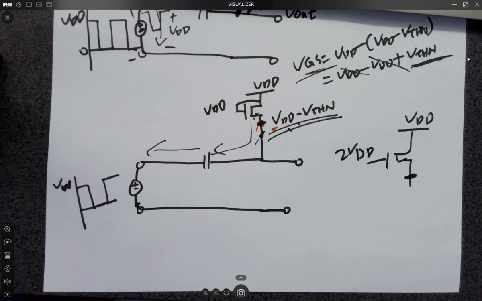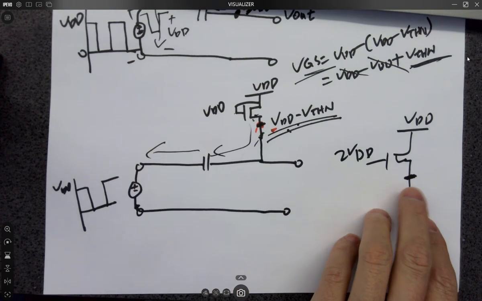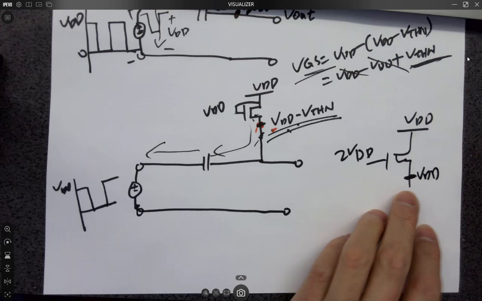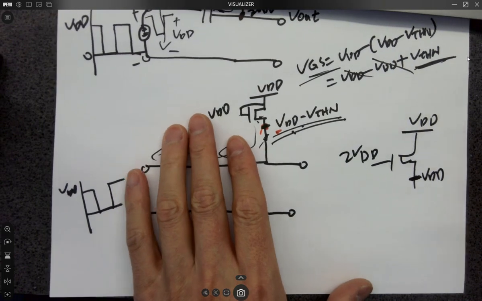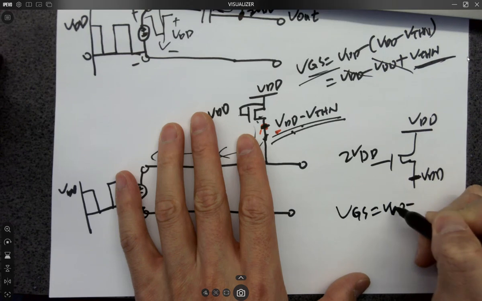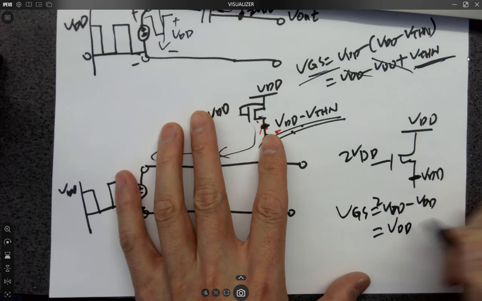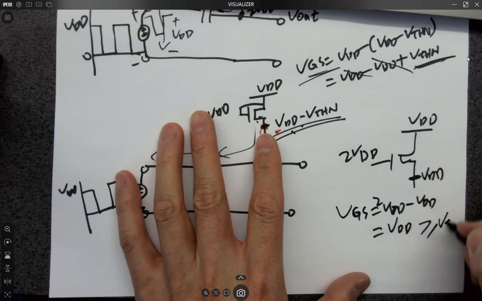Are you still losing anything? Are you able to pass the entire VDD to the source? Yes, right? Why is that? Because 2 VDD minus VDD will still be greater than VTHN. Correct. So now VGS is 2 VDD minus VDD, which is 1 VDD, which is still way larger than VTHN.